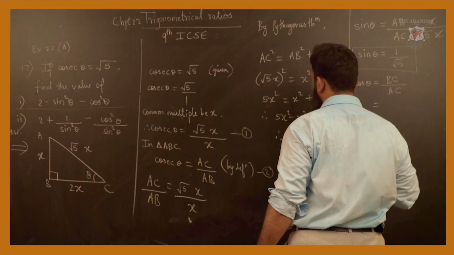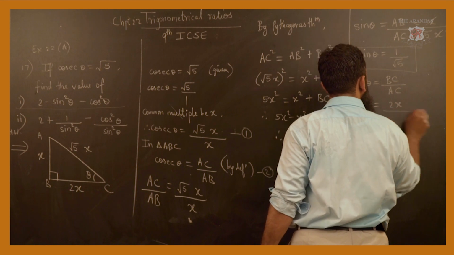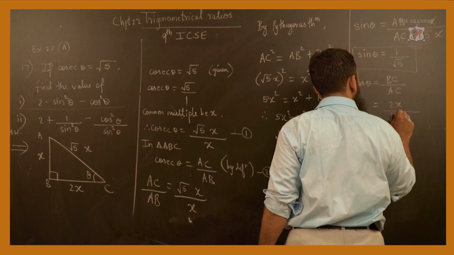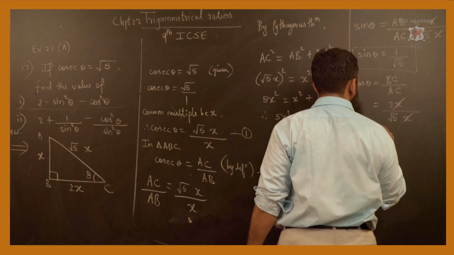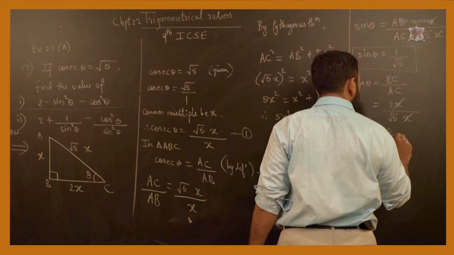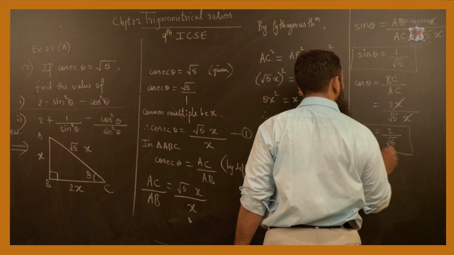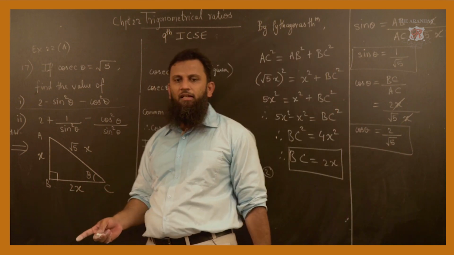BC is 2x, AC is root 5 into x. Again like terms get cancelled and we get 2 upon root 5 as cos theta.